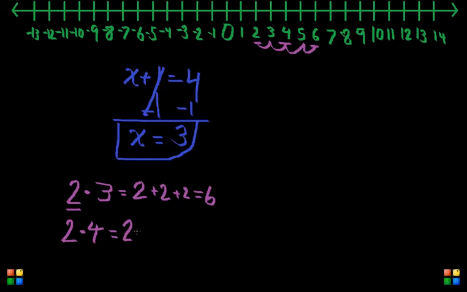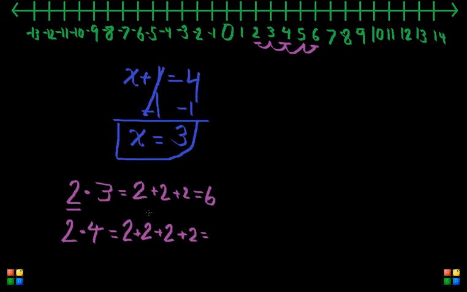So here's the first 2. Here's the second 2. Here's the third 2. And here's the fourth 2. So we only have to add 4 2's.